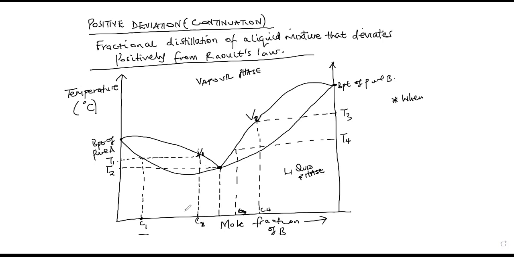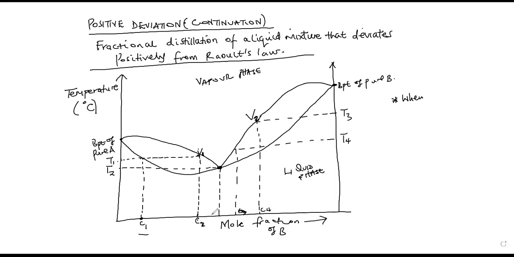Progressive heating and condensation will result in obtaining the azeotrope as a distillate, while liquid A will remain as a residue.